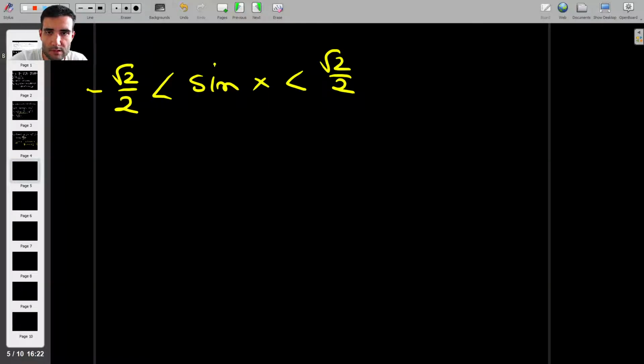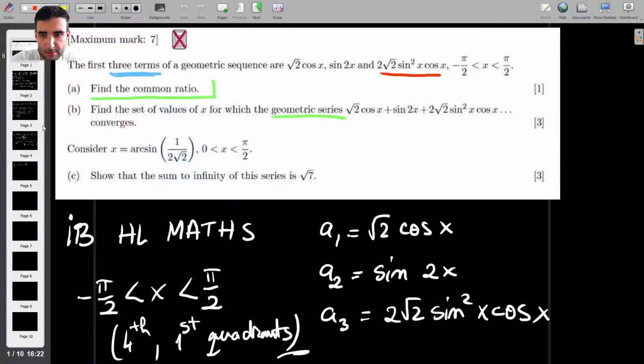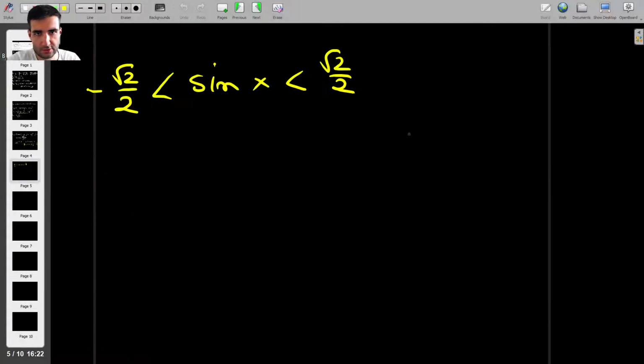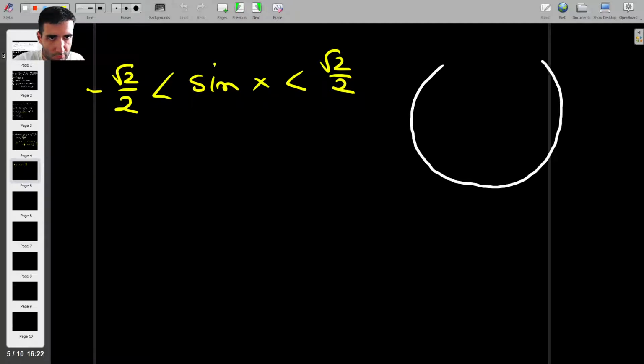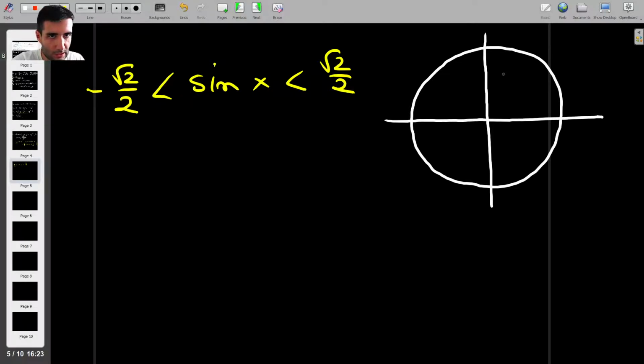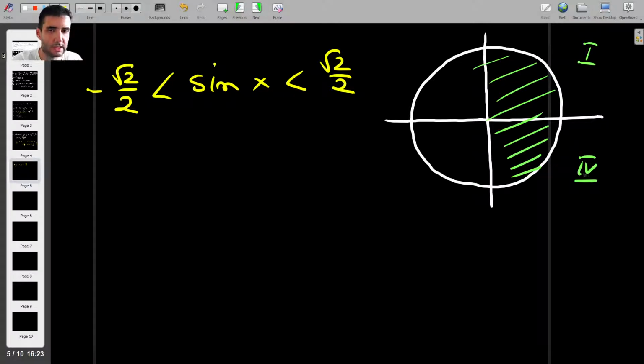So where should x be in that case? If you remember, our x is between −pi over 2 and pi over 2. Let's try to draw the unit circle to understand this a bit better. Let's split this up into 4 quadrants, and we're supposed to be somewhere here. This is the first quadrant and this is the fourth quadrant. Sine of x has to be between −root 2 over 2 and root 2 over 2.